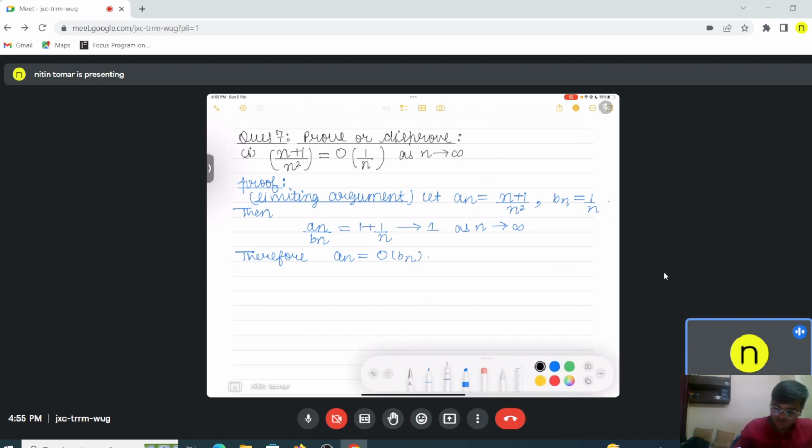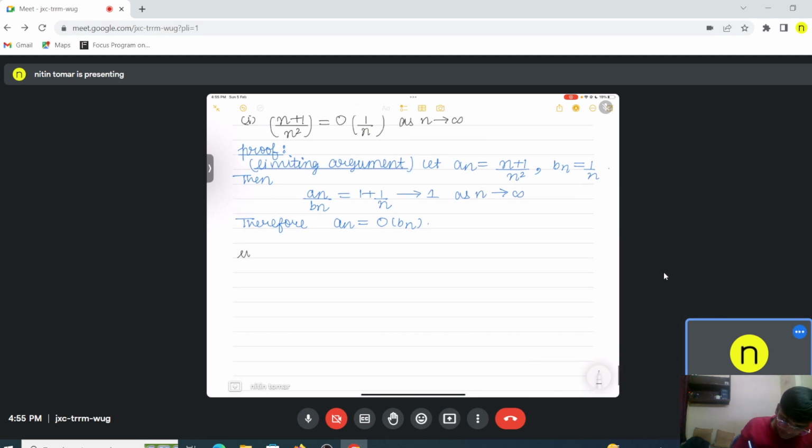Now let's do the second part: 1 upon log n and small o of 1 by n as n goes to infinity.